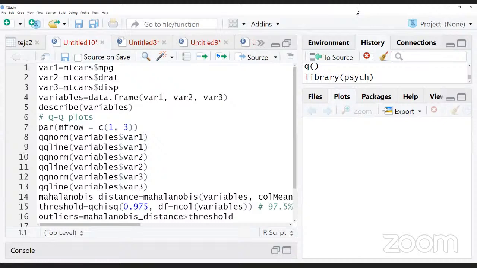Multivariate compares two or more variables. Any other? What is multivariate?